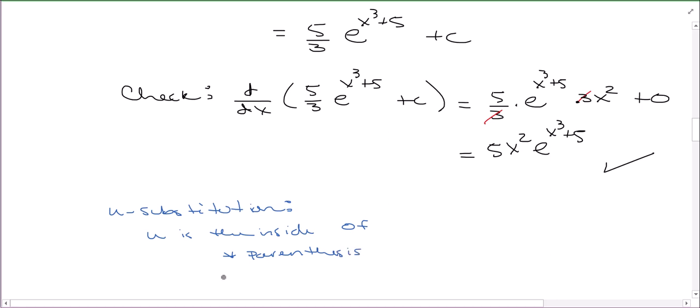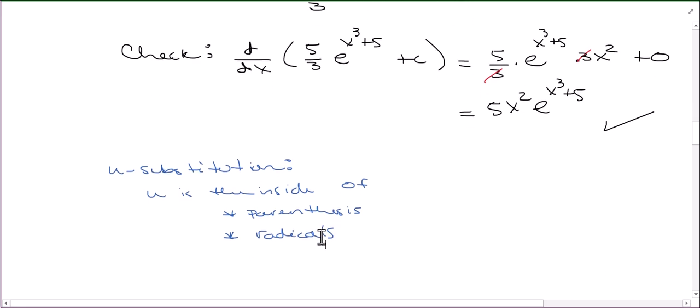And in the previous video, we saw some examples of radicals and the inside of trig functions.